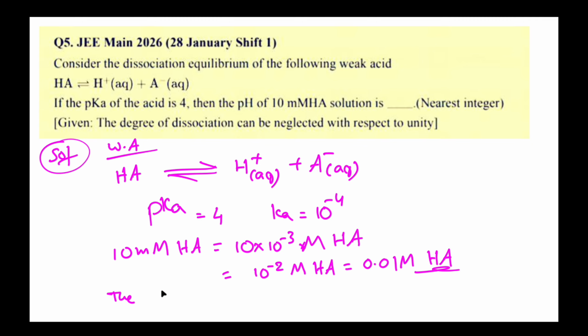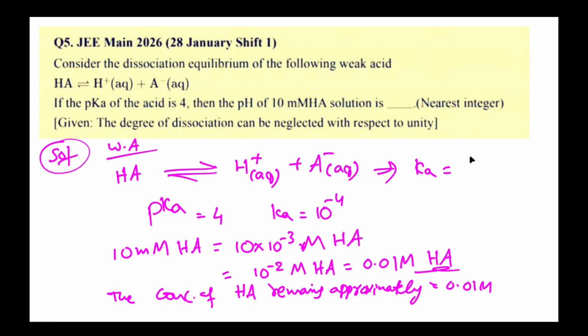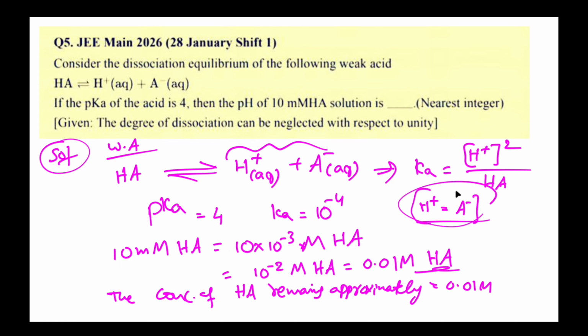So the concentration of HA remains approximately, how much? That is 0.01 M. So from this we find that Ka is equal to, so here both are same, that's why H plus is equal to A minus, that's why H plus square we can write by HA, because H plus concentration is equal to A minus concentration.